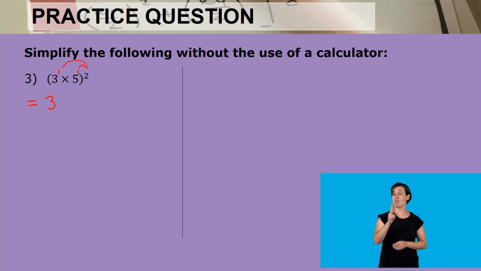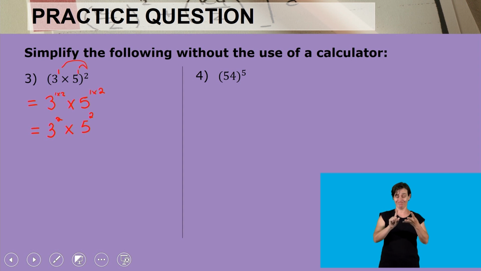That means 3 with 1 times 2, multiplied by 5 with 1 times 2. 1 times 2 is 2, so that's 3 squared multiplied by 5 squared, and that is our final answer.